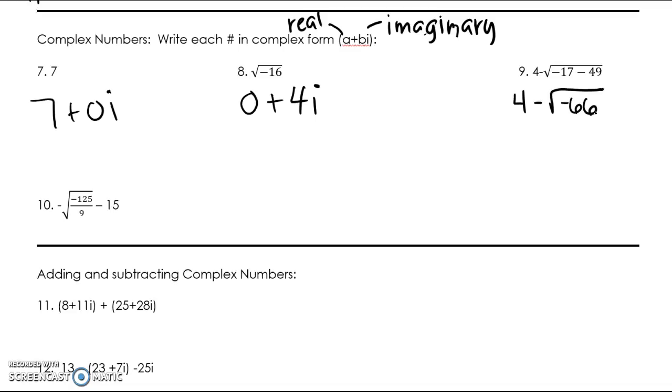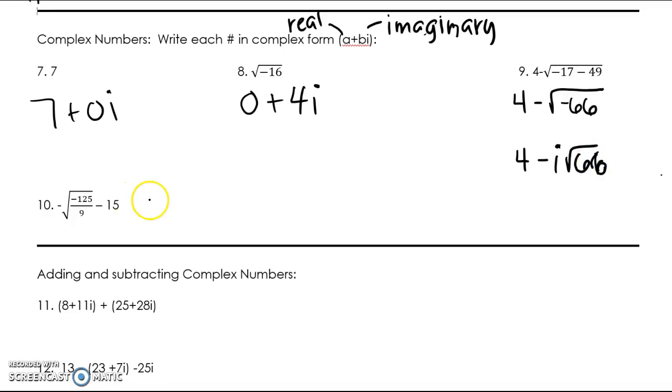Let's think about this. Doesn't look like the square root of 66 is going to simplify, so I'm just going to get 4 minus i square root of 66.